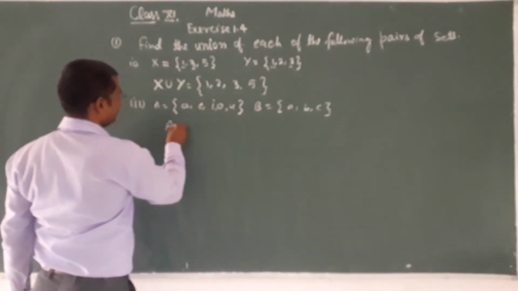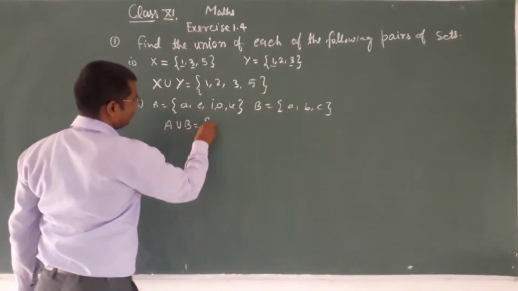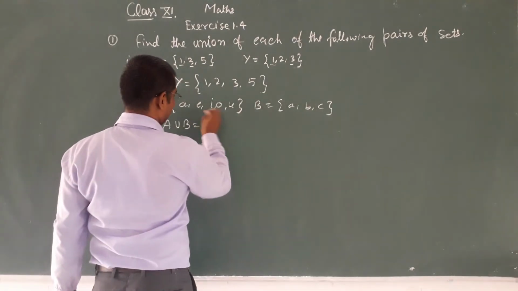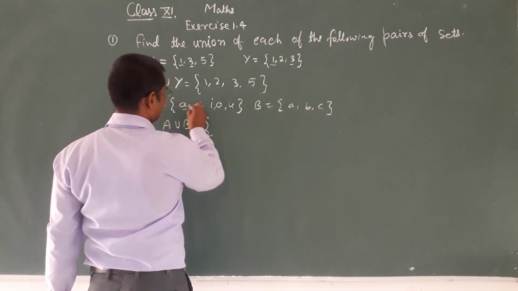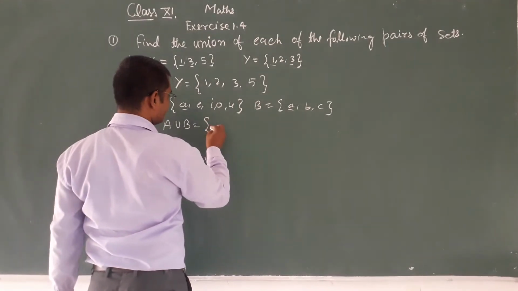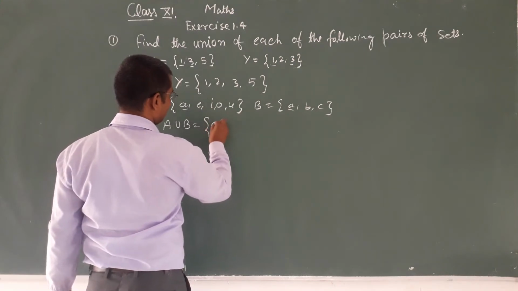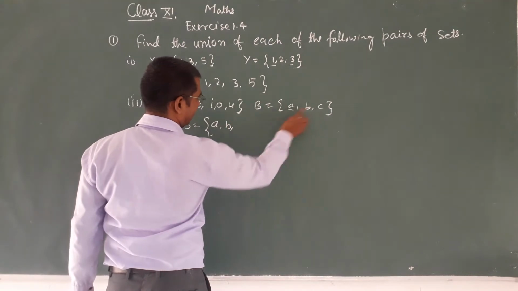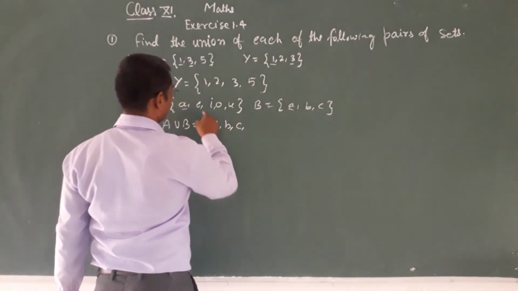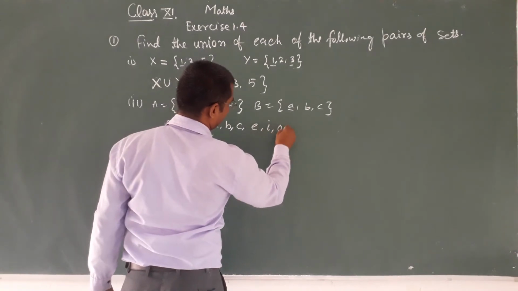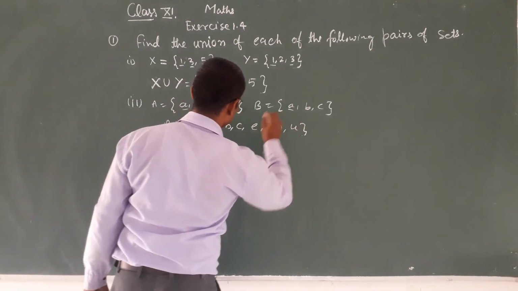So A union B is equal to all elements of set A, with the common element a written only once, and B and C. So a, e, i, o, u.